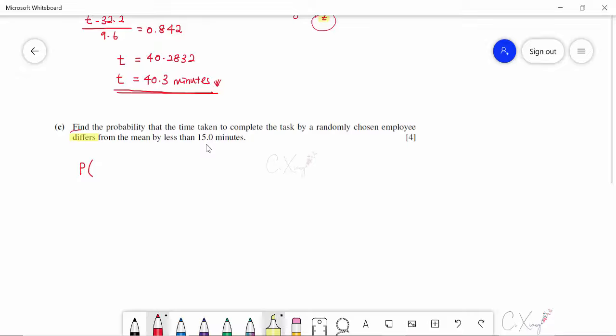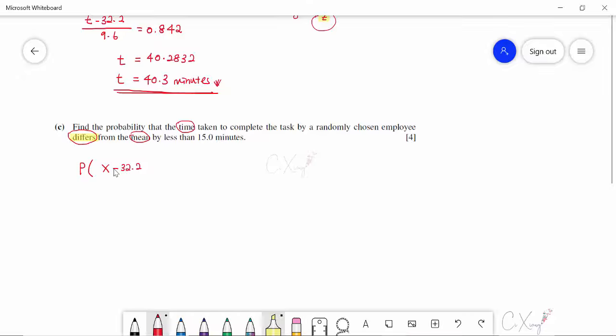When you see the word differ or difference, it means it can come from two directions. It can be the difference between the time and the mean. Time is x, mean is 32.2. You can write it as x minus 32.2, or you can also write 32.2 minus x.